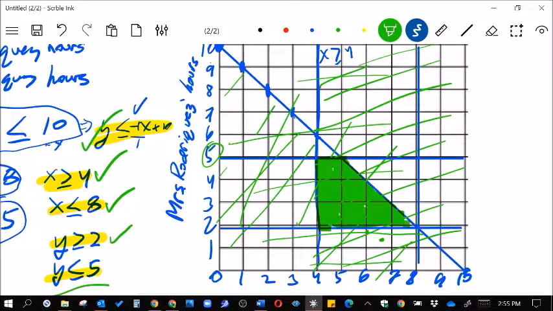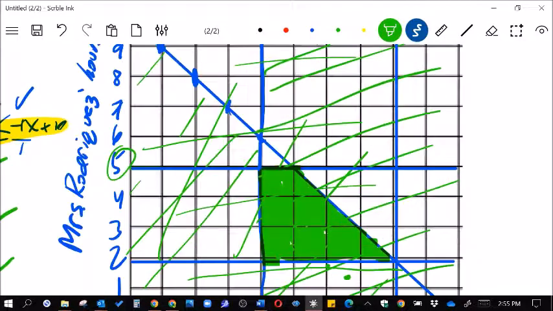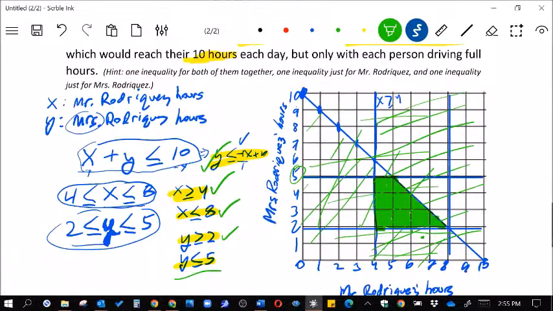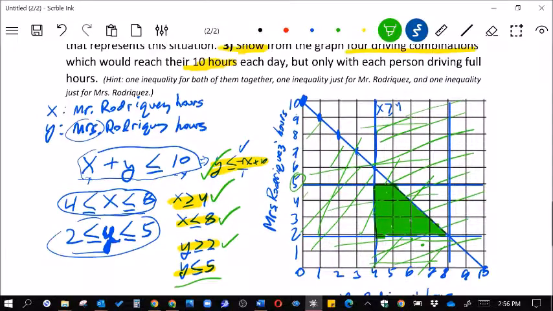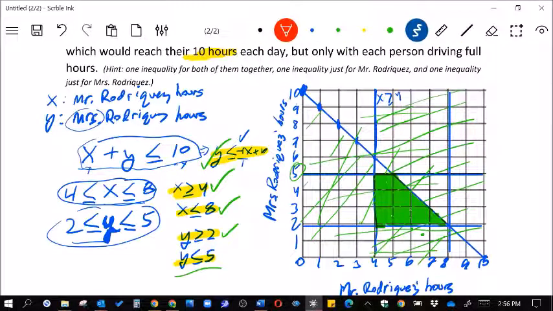So what that means is only the area that's shaded solid green right now has points that would match all of these. So the points that are in here, and I'm going on the actual, oh, it's equals to.